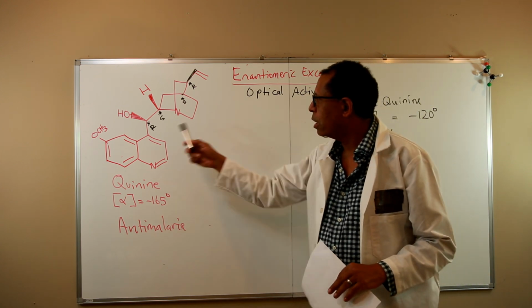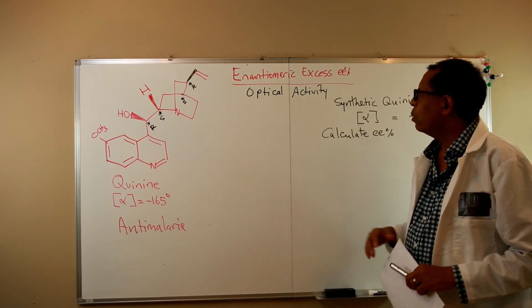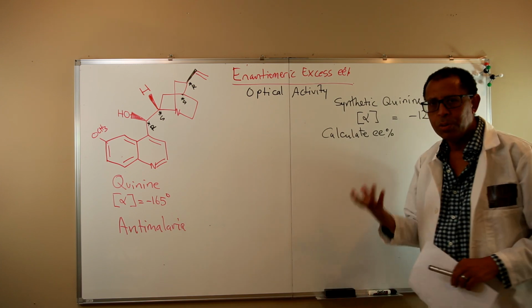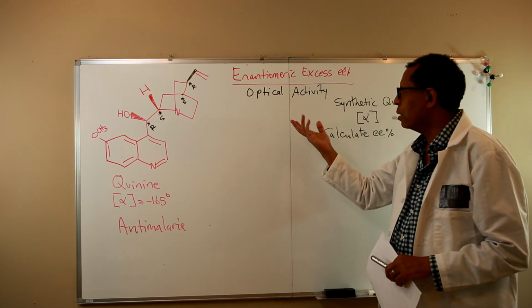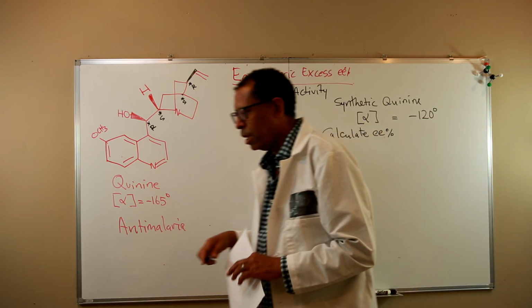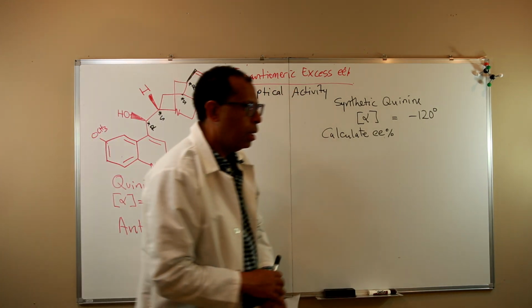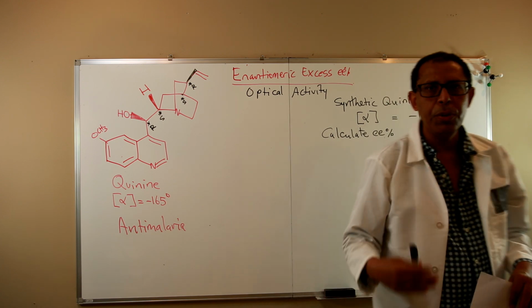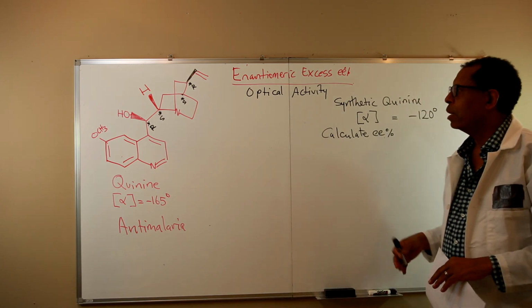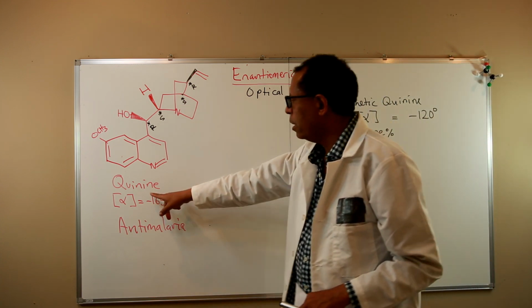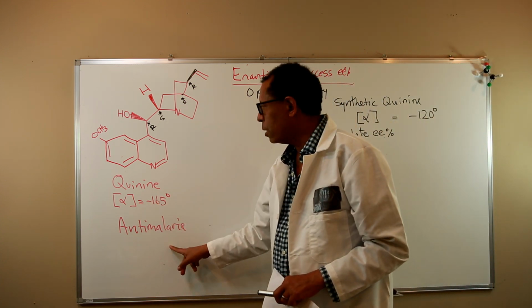This would be our last problem, where we would be looking at optical activity, how to determine enantiomeric excess using measurement of polarimetry. So enantiomeric excess is the measure of how pure, enantiomerically, a compound is. Here as an example I have quinine, which is an anti-malarial drug.